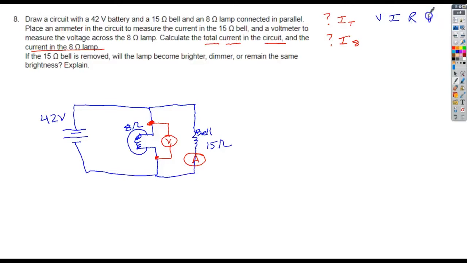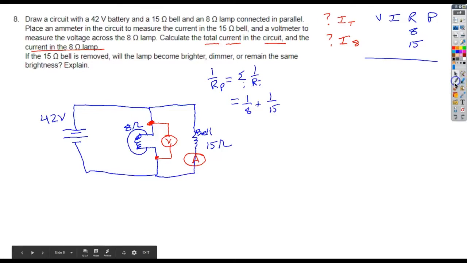V, I, R, and P. Our resistances are 8 and 15, so we will have to add those together, but we need to show that. So 1 over the resistance in parallel is equal to the sum of 1 over the individual resistances. So I will have 1 over 8 plus 1 over 15.